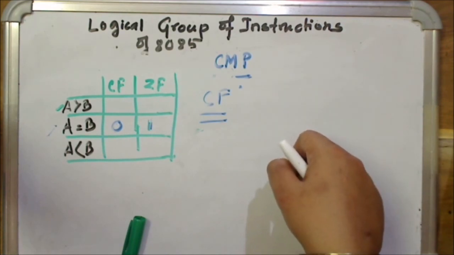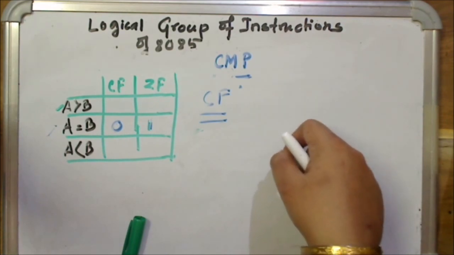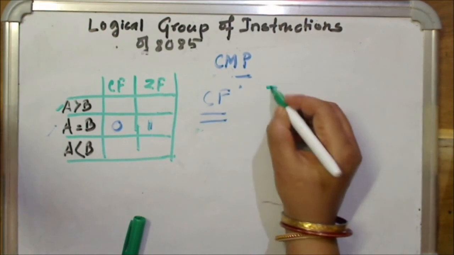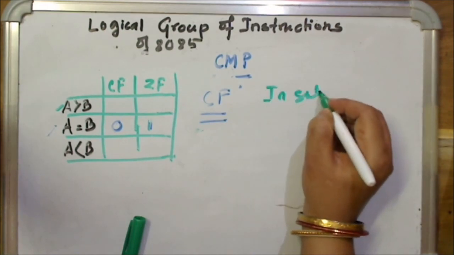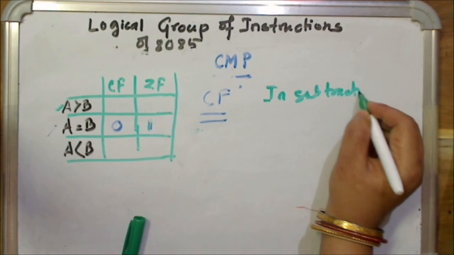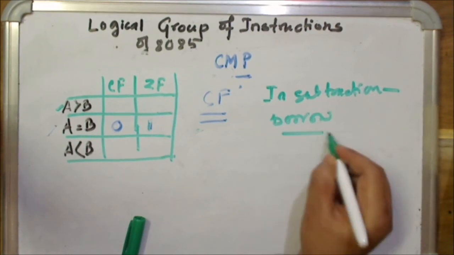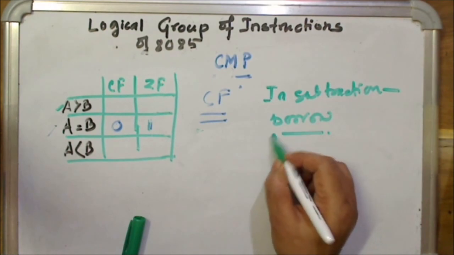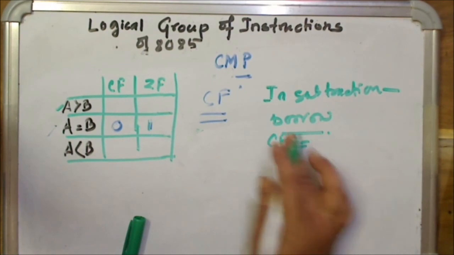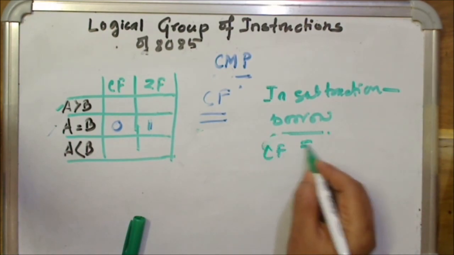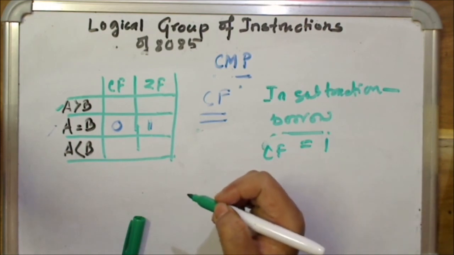Because you have done subtraction, in subtraction if you have a borrow, the carry flag will be set to 1, right?